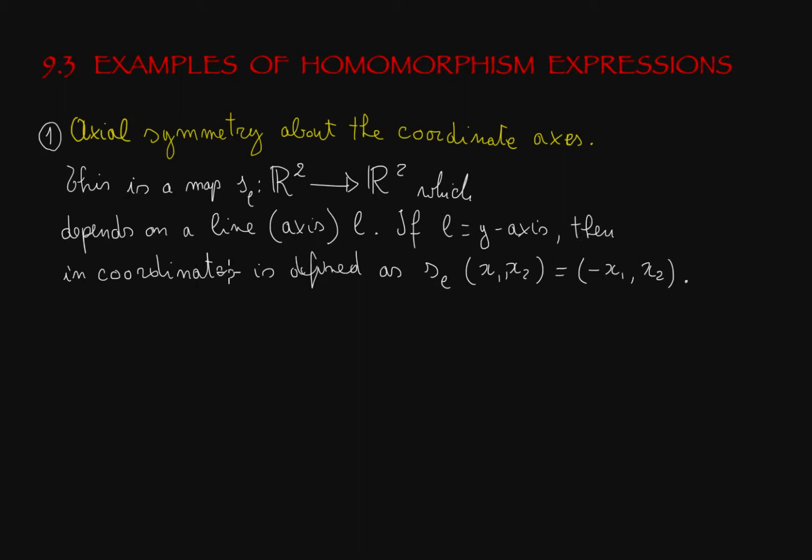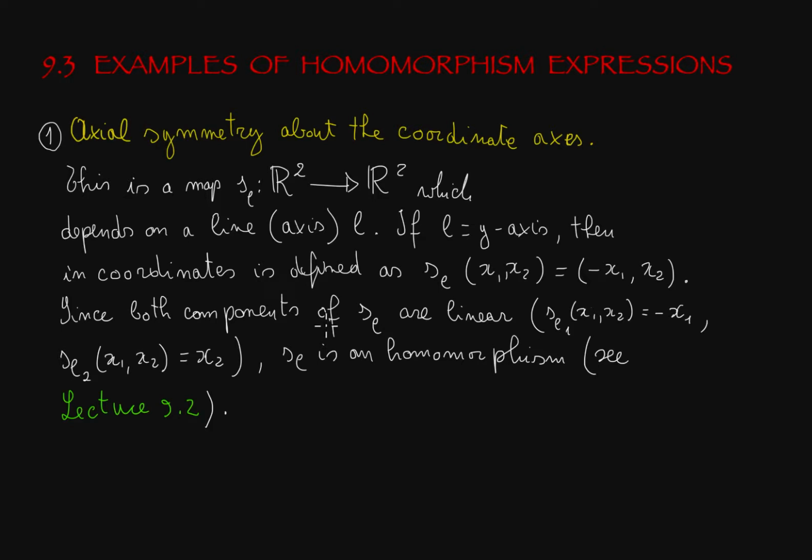Then in coordinates, the axial symmetry is defined to be the map that sends the pair x1, x2 of coefficients, therefore a generic element in the domain R2, to the following element. It is negative x1, x2, so it acts in the second coordinate as the identity, and in the first coordinate it just multiplies by -1.